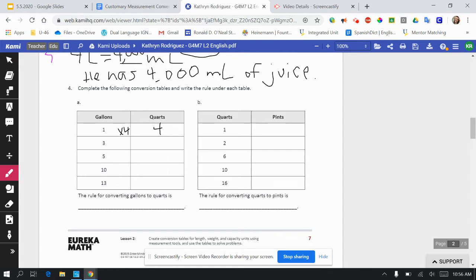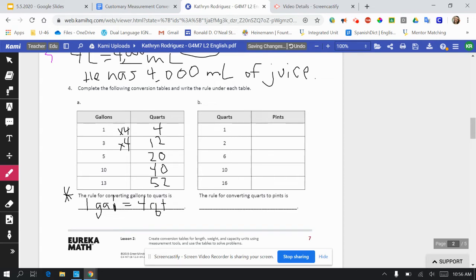Every time here I'm taking it times 4. 3 times 4 is 12. 5 times 4 is 20. 10 times 4 is 40. 13 times 4 is, I believe, 52. I'm doing that in my head. You can correct me if I'm wrong. The rule for converting gallons to quarts: 1 gallon equals 4 quarts.